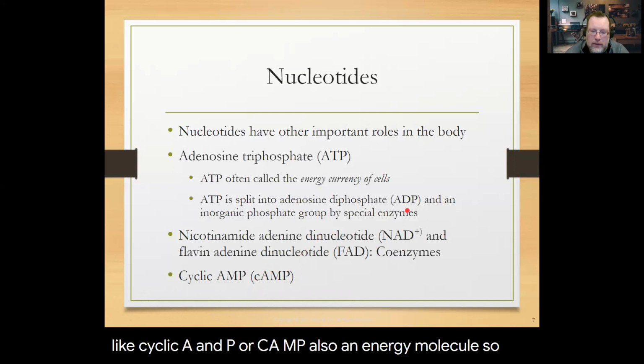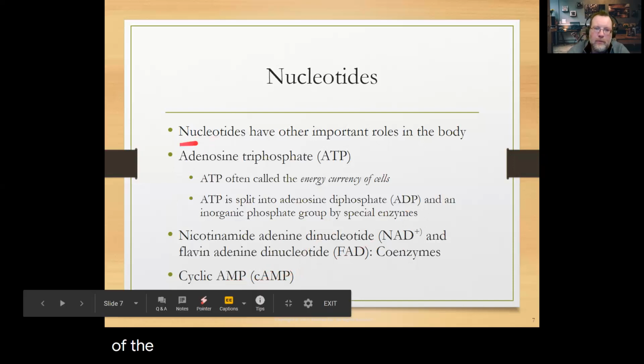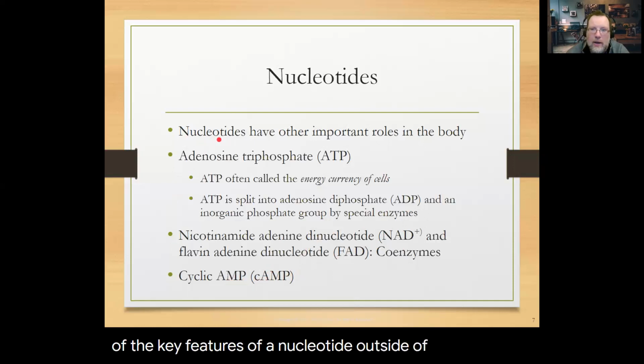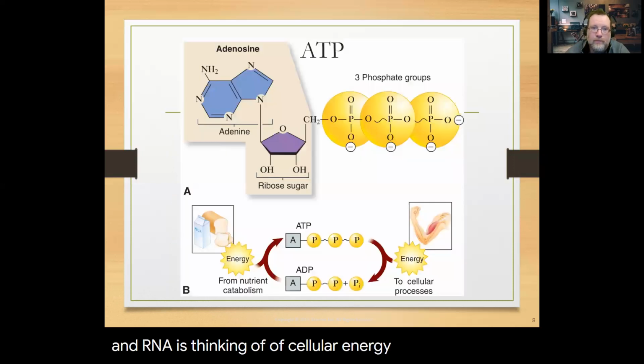So one of the key features of a nucleotide outside of DNA and RNA is thinking of cellular energy. Again, ATP, here's that adenine, the A from DNA. Basically, I don't want you to get too bogged down by some of this stuff right here.